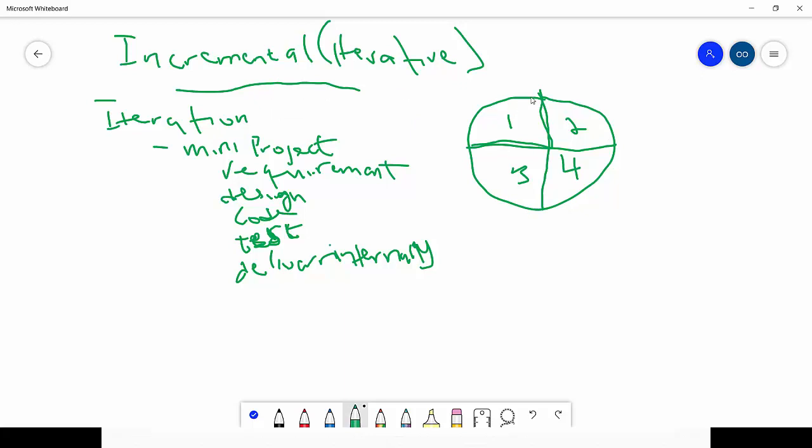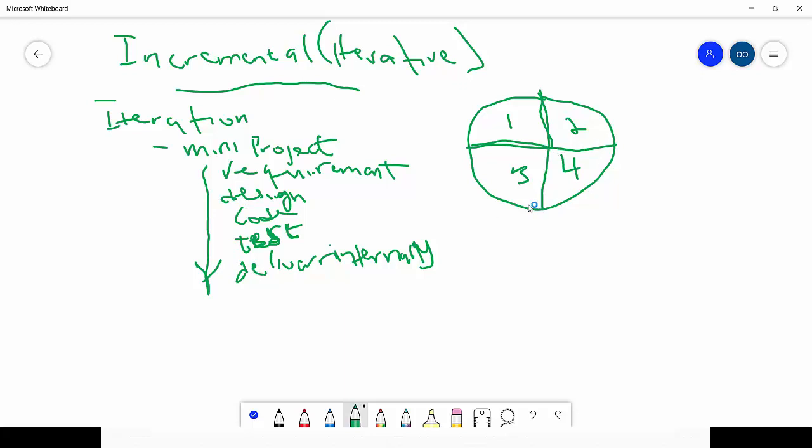But in the incremental model, we are iterating through all these phases. For number 1 part of the project, we will do requirement, design, code, test. We'll deliver internally, 1 iteration. The next one is our 2. That's another mini project. We will iterate through the same steps to deliver 2, right?